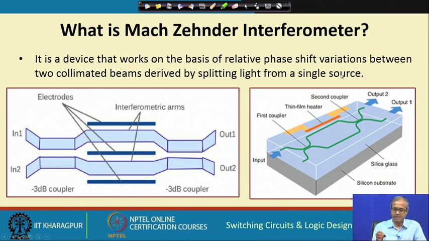Well, here we have a very high level schematic diagram of a Mach-Zehnder interferometer. As you can see, it is a device which works on the basis of relative phase shift of two beams of light. In this diagram on the left, there are two paths which are shown.